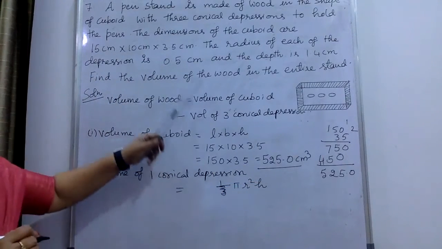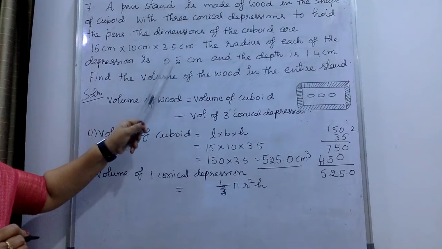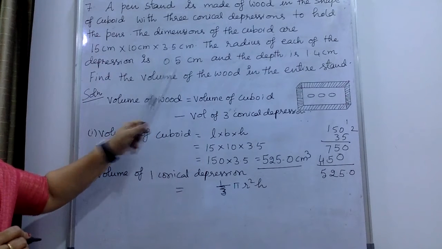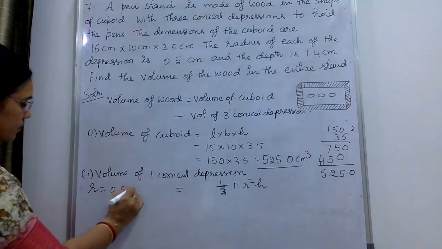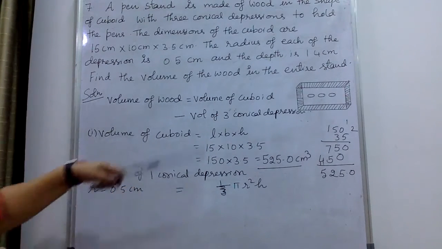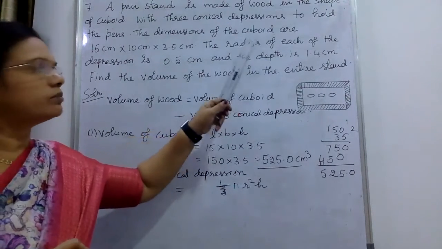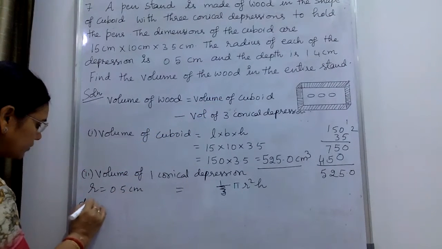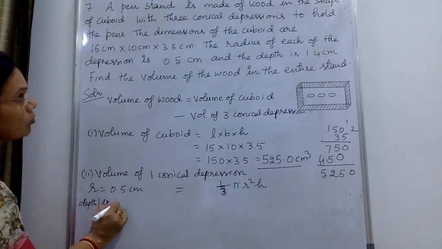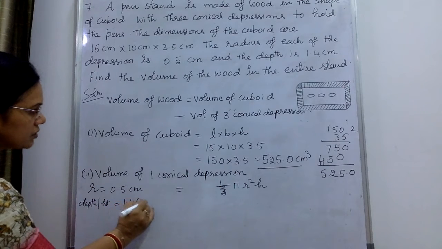Is it given in the problem or not? Let us check in the problem. Yes, radius is given as 0.5 centimeters. And also, what is the other measurement given? It is depth. Depth is nothing but height. Here, depth or height is how much, children? 1.4 centimeters.